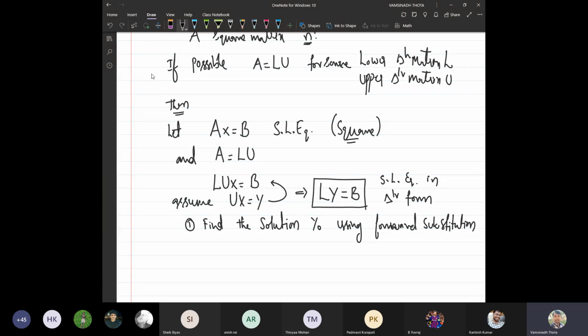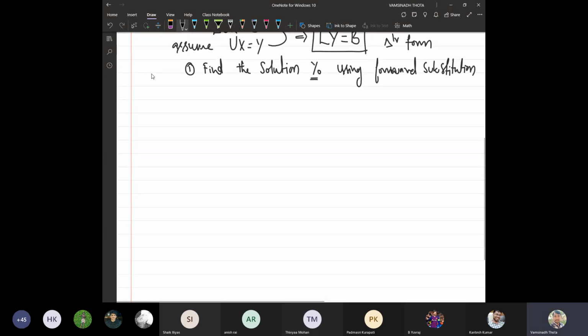Once y naught is evaluated, and I am assuming that the solution is nothing but y naught, then what can we do? Then the second step: now solve Ux is equal to y naught.